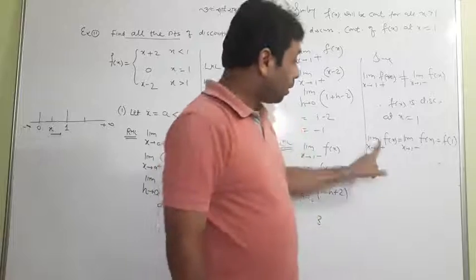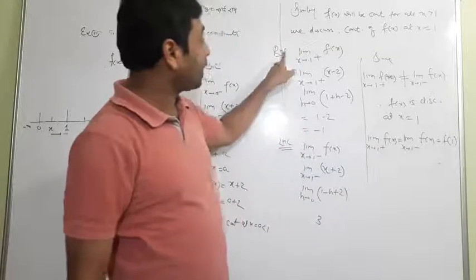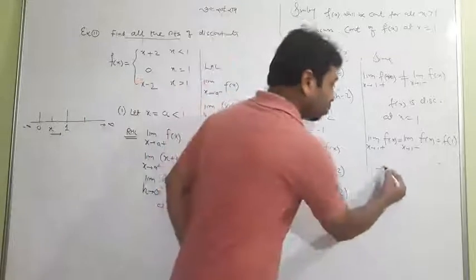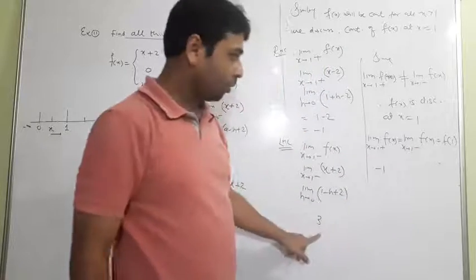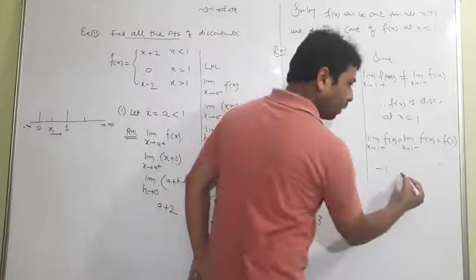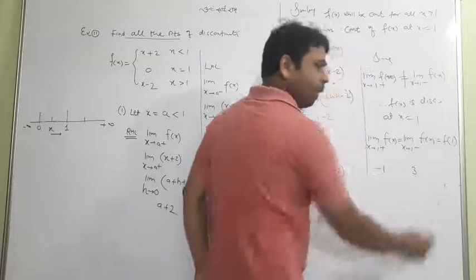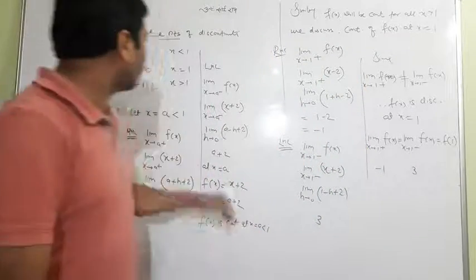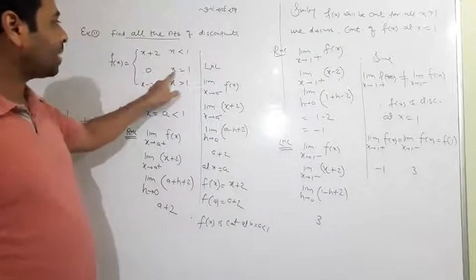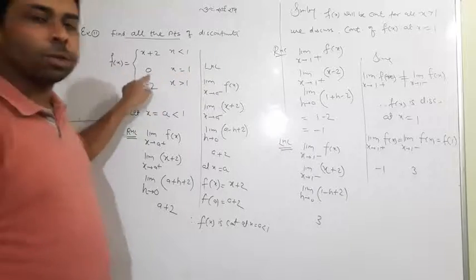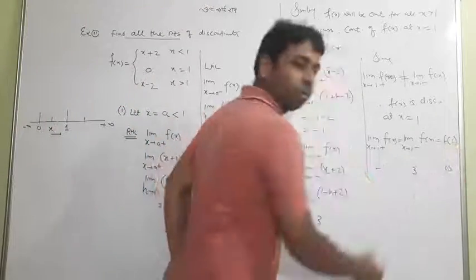The right hand limit at 1 plus is minus 1, and this is coming 3. Both are not the same. And what about f of 1? I asked you f of 1. At x equal to 1, the function value is 0.